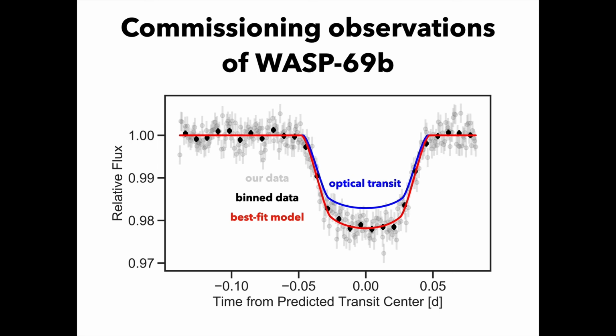And clearly at 1083 nanometers, the planet blocks out more than 2% of the star's light. We use this measurement to confirm the presence of helium in the atmosphere of WASP-69b at 10.1 sigma confidence. Now, this system is pretty old, so it doesn't tell us about what's going on when atmospheric escape is most important for a planet's life, but it helped us understand how our instrument worked, and it helped us confirm that everything was working as we expected.